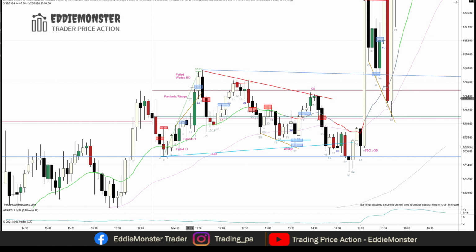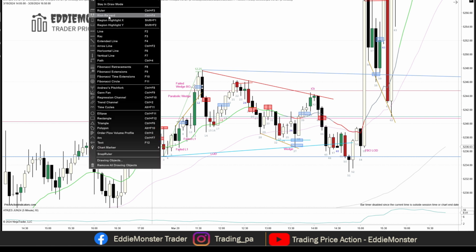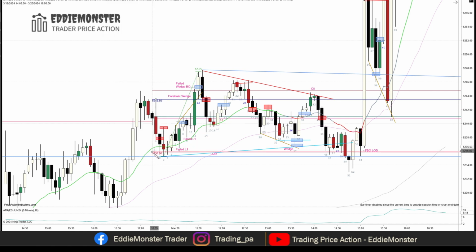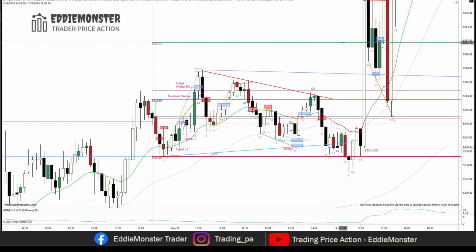It makes a kind of wedge, a failed parabolic wedge, but you can also consider it a failed wedge, right? So you can buy above 11, thinking of a failed wedge, and make this measured move up entirely like this. It goes there. You can consider that the first target.